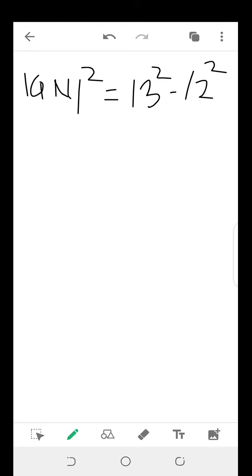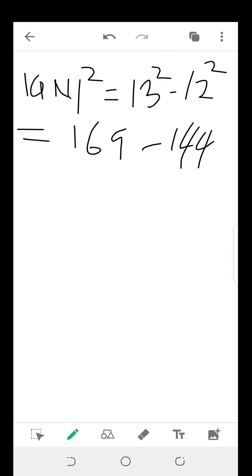Then it's going to be 13 square minus 12 square. 13 square gives us 169, and 12 square gives us 144. Now we want QN, not QN square. So 169 minus 144 gives us 25.